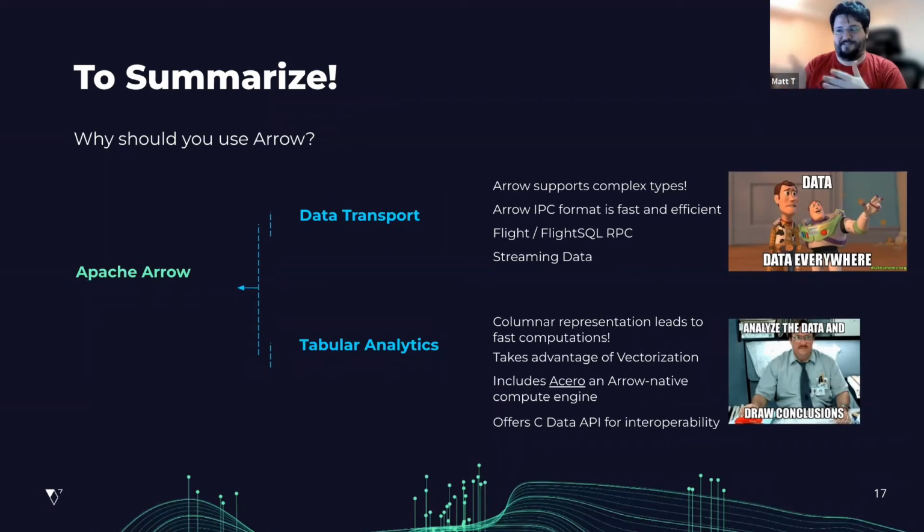And then, as I mentioned, Arrow libraries include Acero for Arrow native compute. You've got different APIs, like the C API, to add interoperability for applications to easily integrate with Arrow. And then you've got to take advantage of all that column representation, vectorization, and performance.